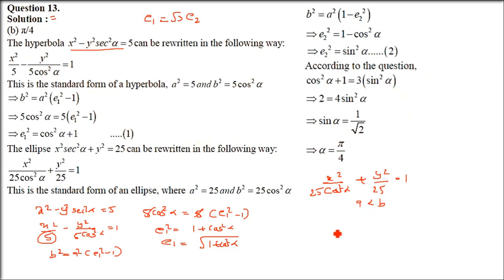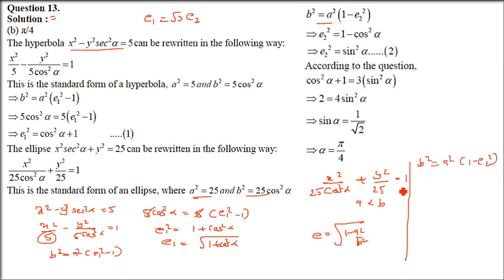So here you have a square and b square. In this case, e is simply under root 1 minus b square by a square, where a square is the larger one. So a square here is 25 and b square here is 25 cos square alpha. So I am applying this formula: b square equals a square times 1 minus e2 square.